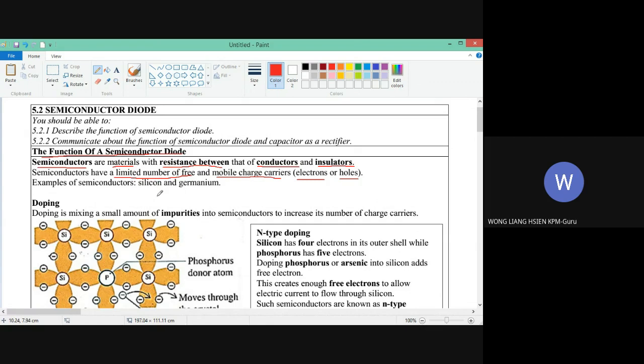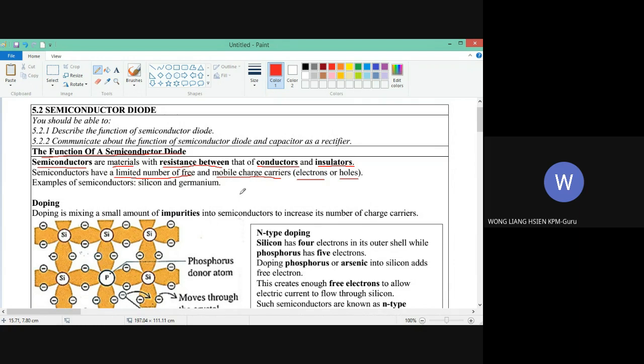So semiconductors have mobile charge carriers, meaning the electrons. Electron is the one that can move around. The proton cannot move. Electrons are charge carriers, they carry charge. So when we apply potential difference on the electron, the electron will gain energy and it will be able to flow.